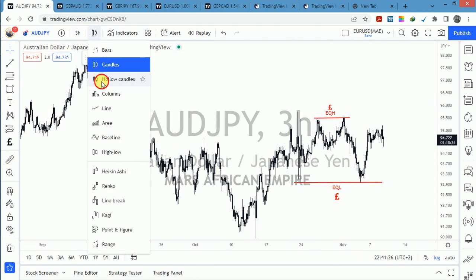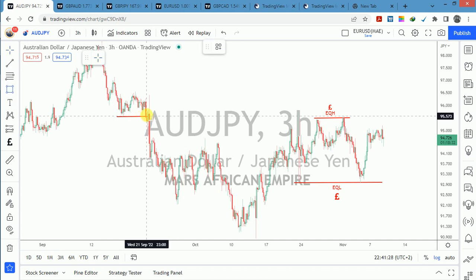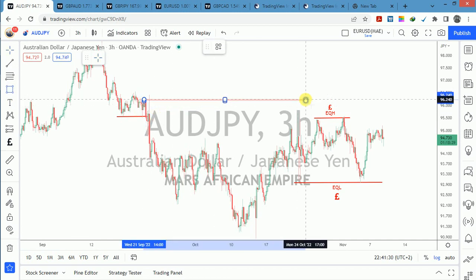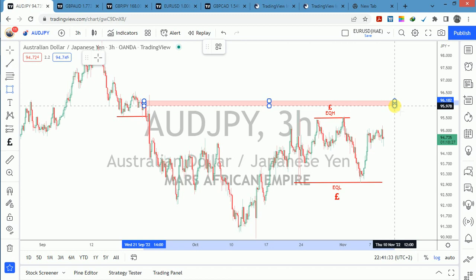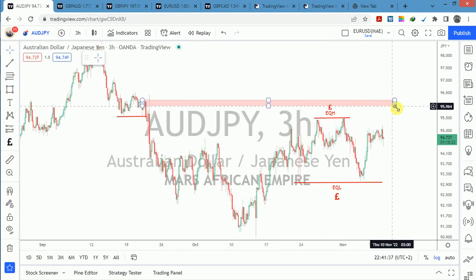So if I change my candlesticks, I can look for an order block here. That should be my order block.